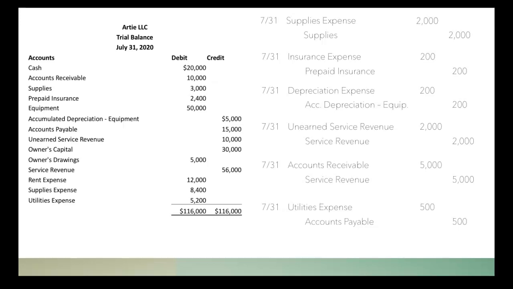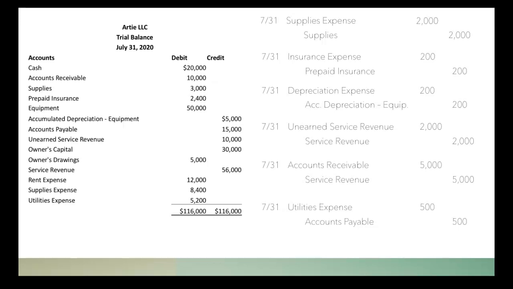If you knew for certain in that first entry, I know I need to credit supplies, then I want you to take a step back and think, okay, what's my debit going to be? Well, I know that if I am not crediting a revenue, then I know that I must be debiting an expense. So we know that our debit has to be an expense.